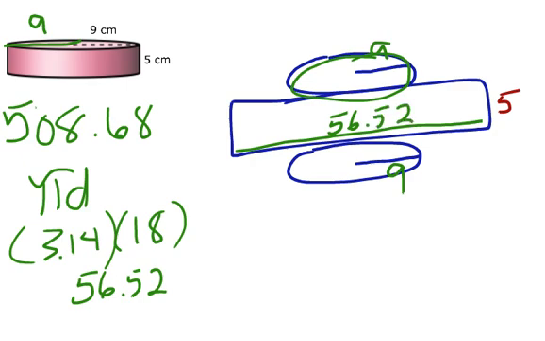So 56.52, we then have to multiply the length and the width together to get the rectangle area. So 56.52 times 5 will give you the total area of this rectangle, which is 282.6. Again, we're just multiplying that by 5, and we get 282.6.